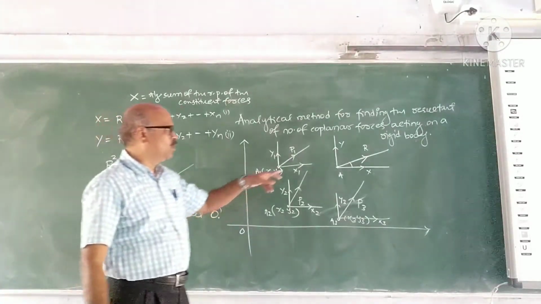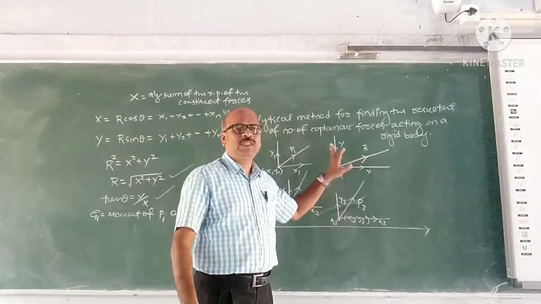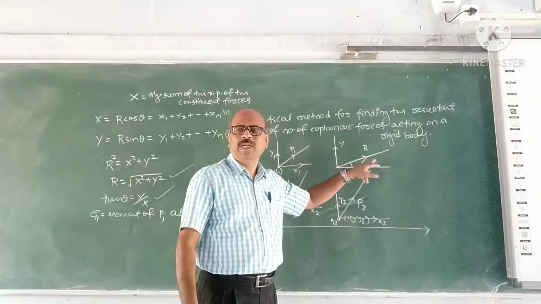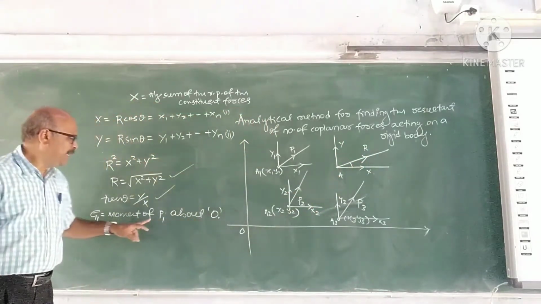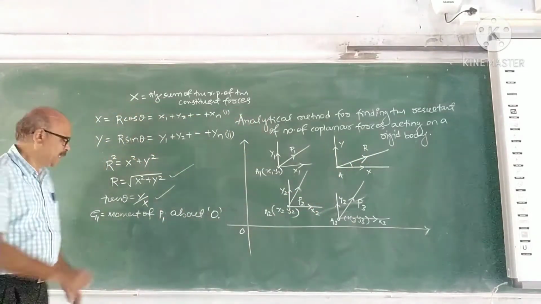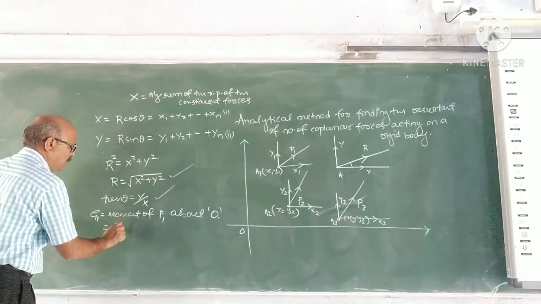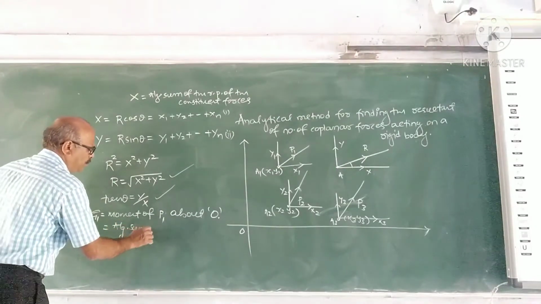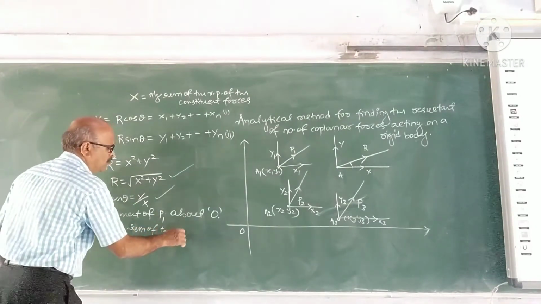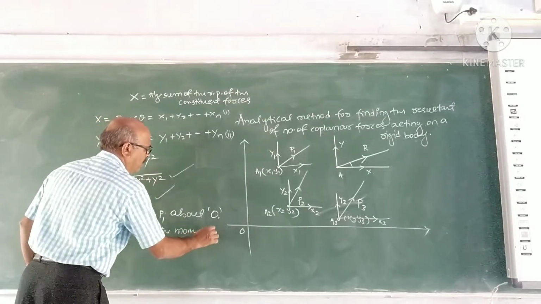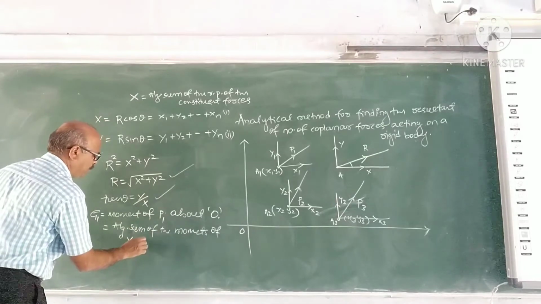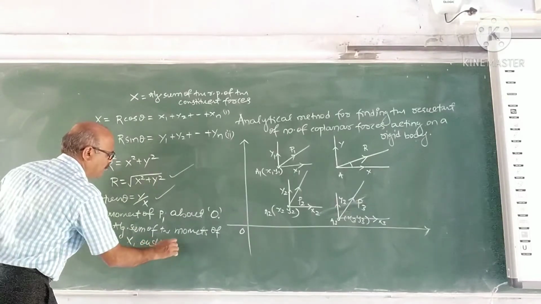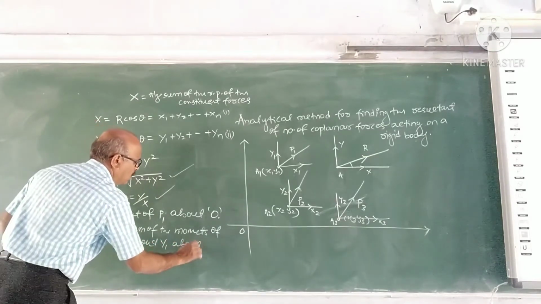Next part is important, we find the line of action of the resultant. For that we find the equation for the resultant. We take the moment of P1 about O. It is the algebraic sum of the moments of x1 and y1 about O.